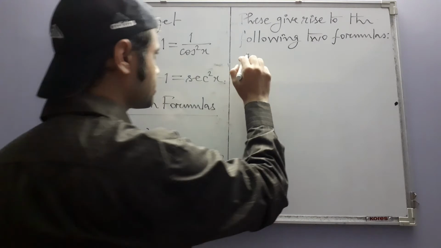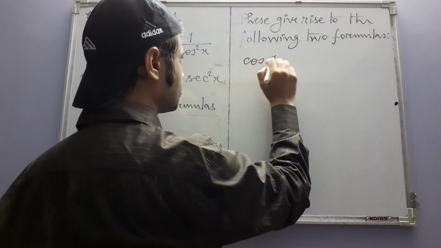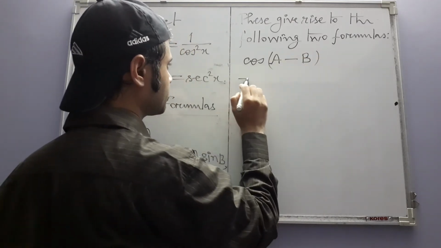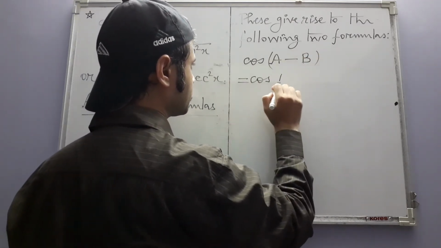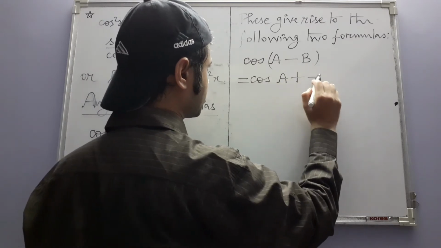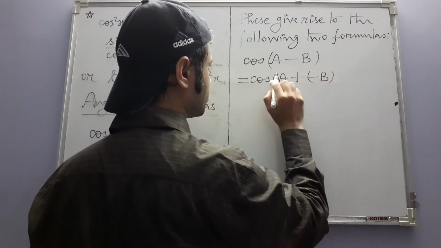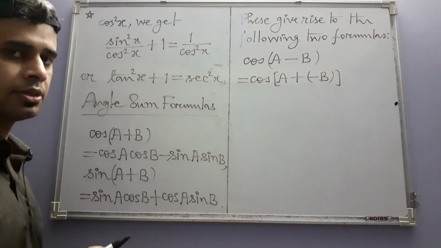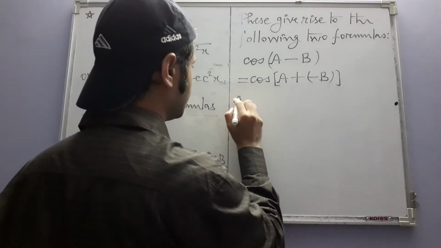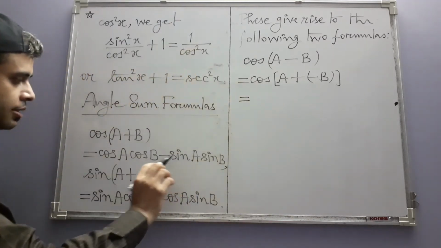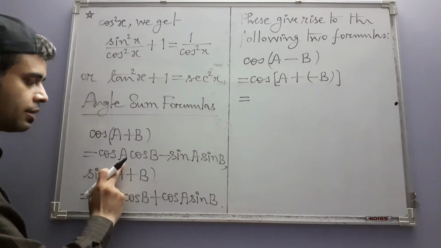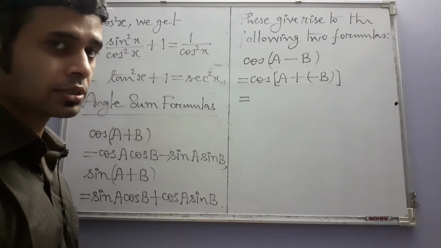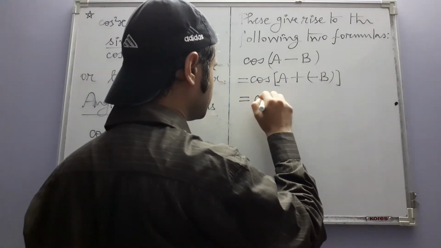The first one, let us find this cos a minus b. Cos a minus b can be thought of as cos a plus minus b, that means a minus b means a plus minus b. So we can apply our formula that we see here, cosine of the first angle times cosine of the second angle minus the product of their sines.